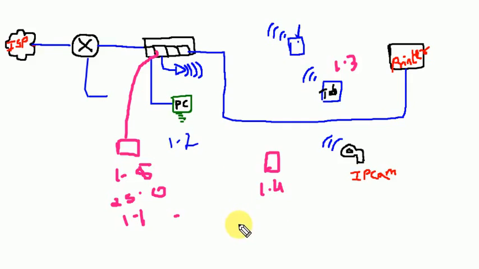As I showed, 251 and 252 are not configured in the DHCP server. So I can give these addresses as fixed IP addresses where needed.